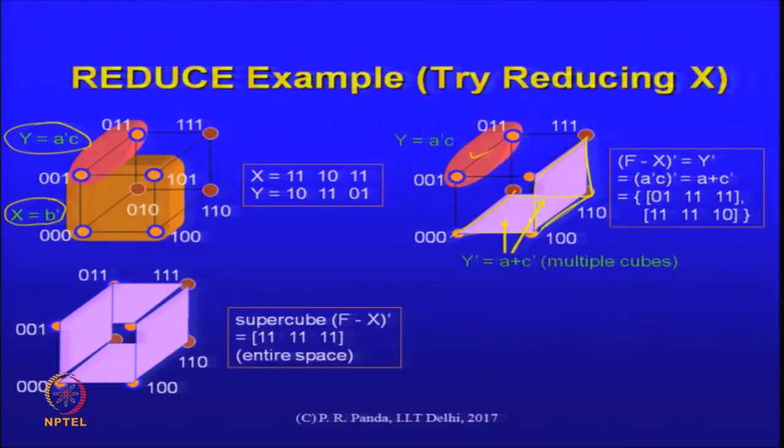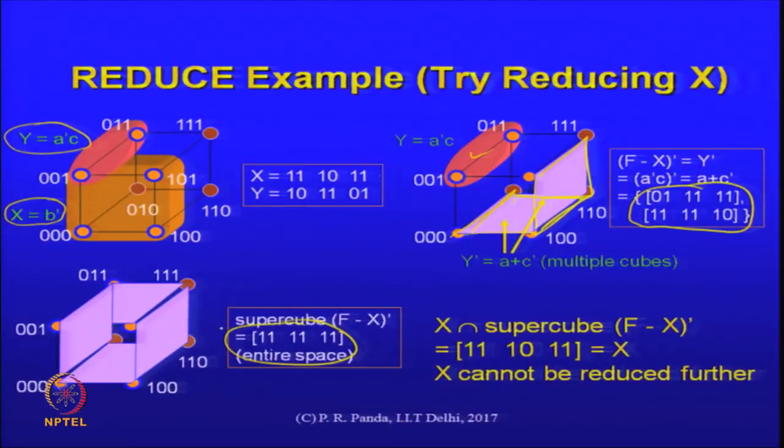Okay. Then what is the supercube of those 6 terms? It is essentially of these 2 cubes. From the representation you can see the supercube of those 2 cubes is obtained by taking the bitwise OR, which is essentially the entire space, everything. So, that is the supercube.